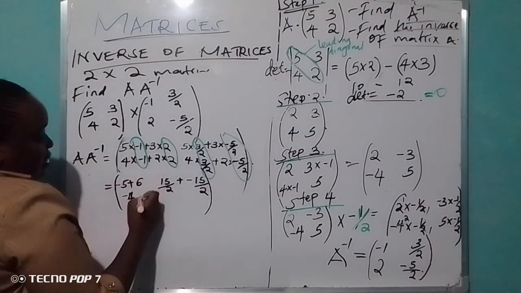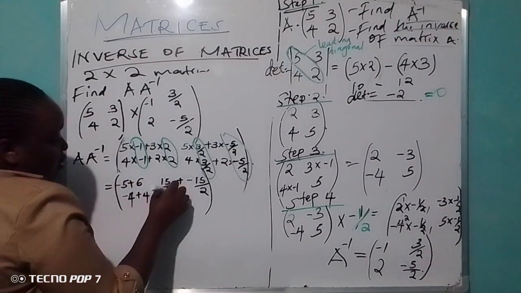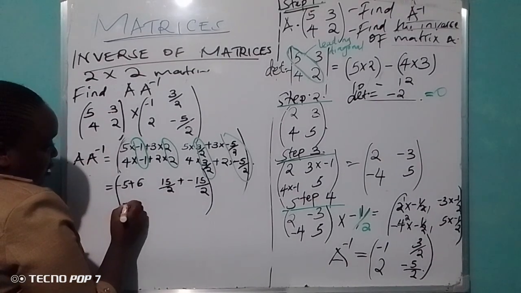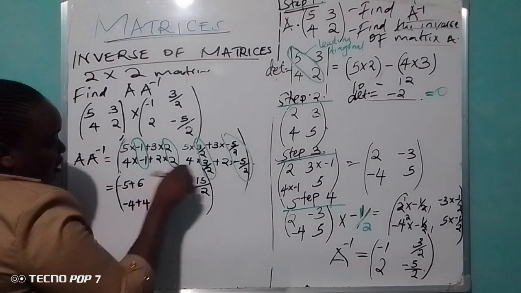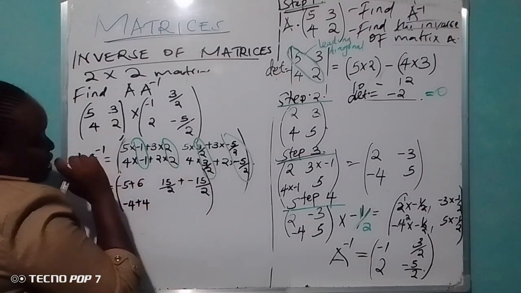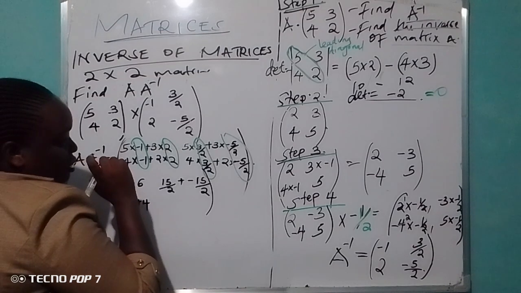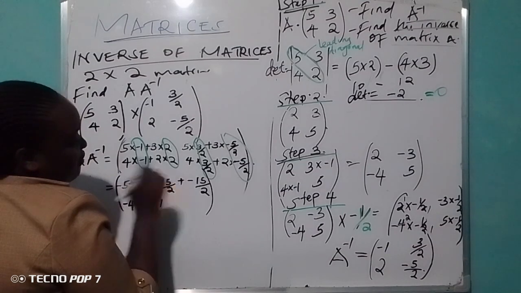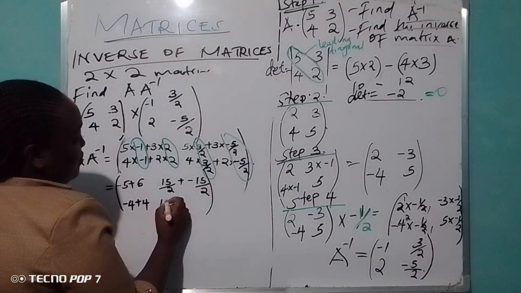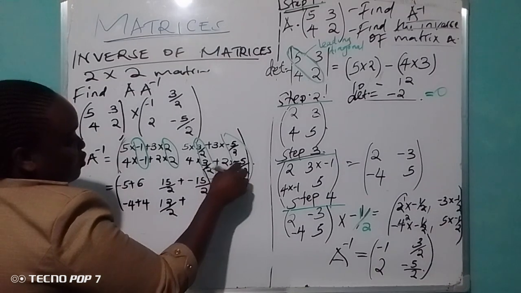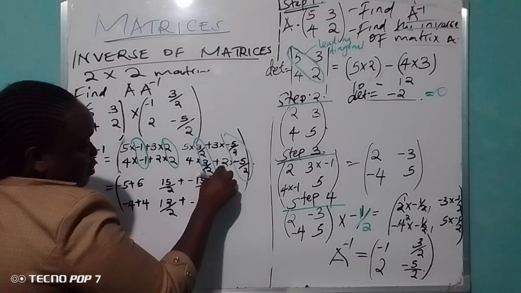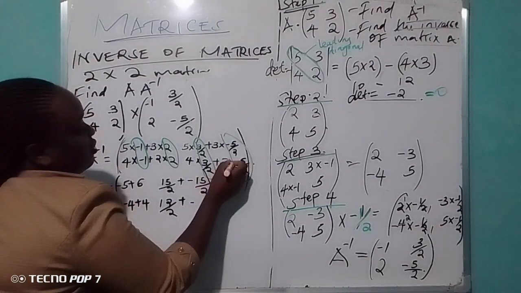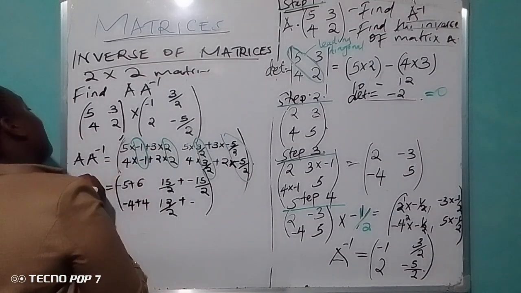Negative 4 plus 2 times 2, 4, then negative 4 plus 4, then 4 times 3 is 12. 4 times 3 ni ngapi? 12, yeah. 12 over 2 plus 2 times negative 5. 2 times negative 5 ni ngapi? 10.